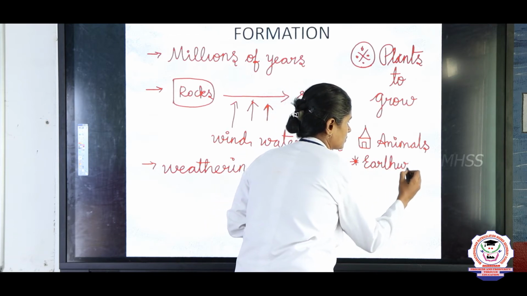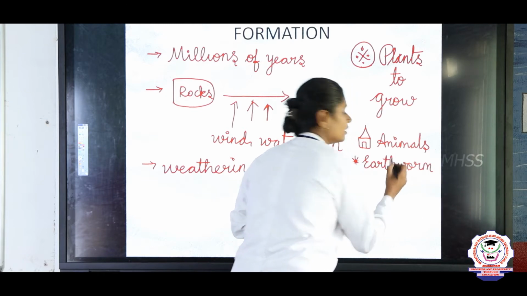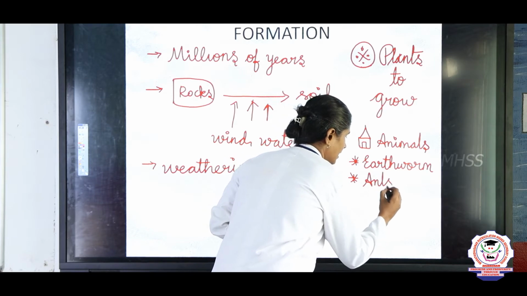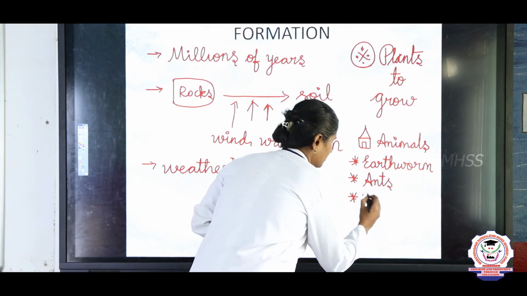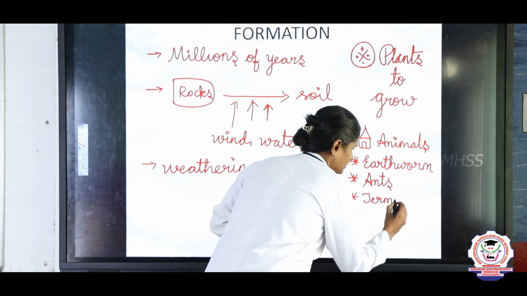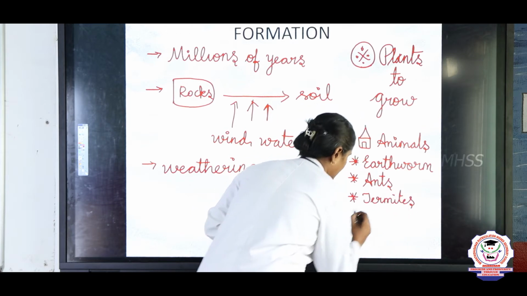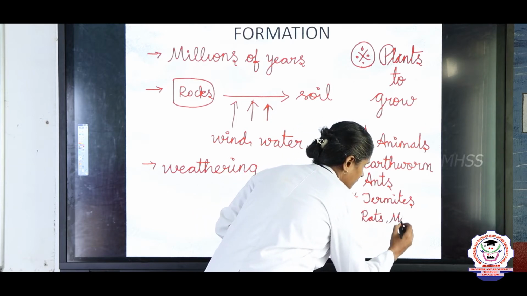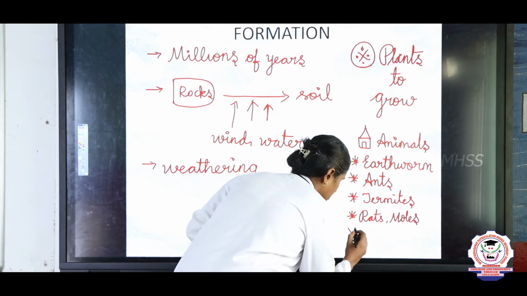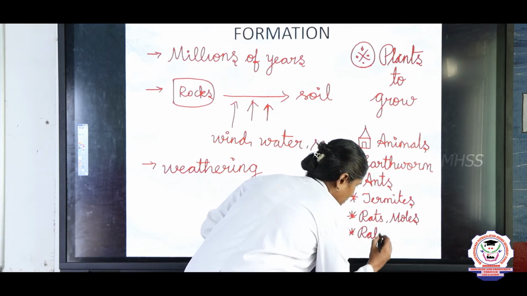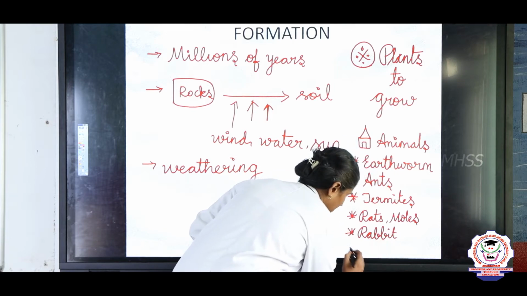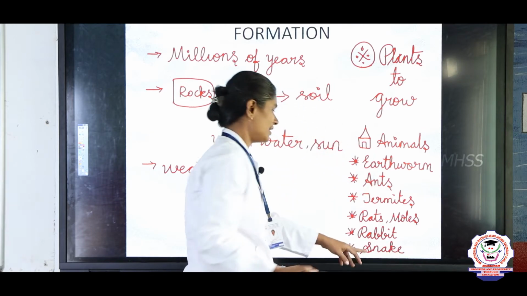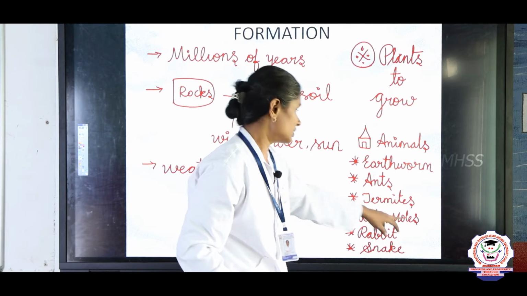Earthworm live inside the soil, right, and then ants, termites, rats, moles, rabbit, R-A-B-B-I-T, snake, S-N-A-K-E.